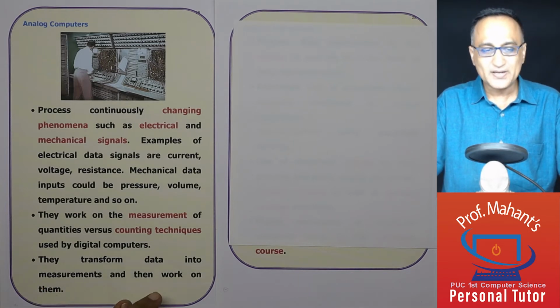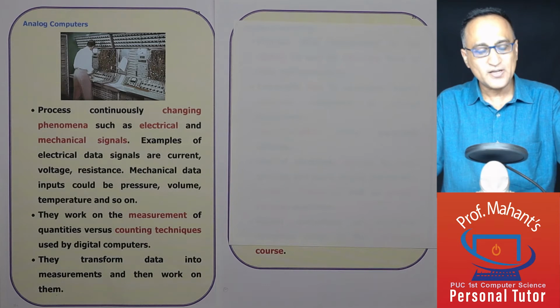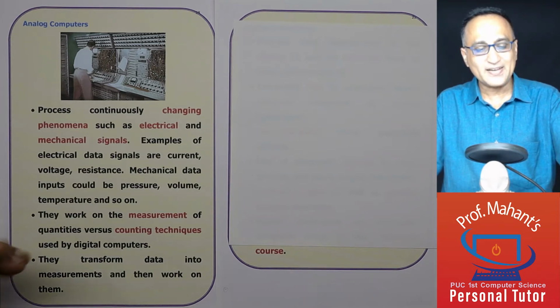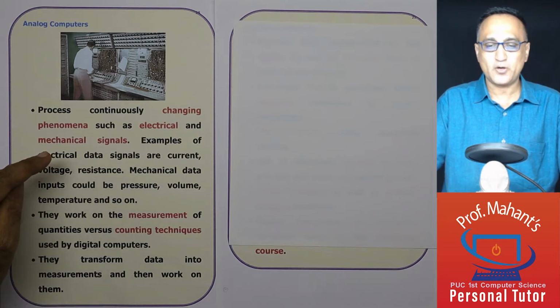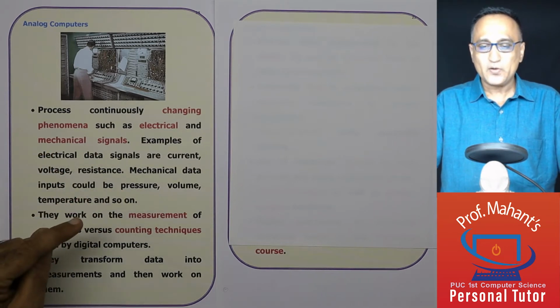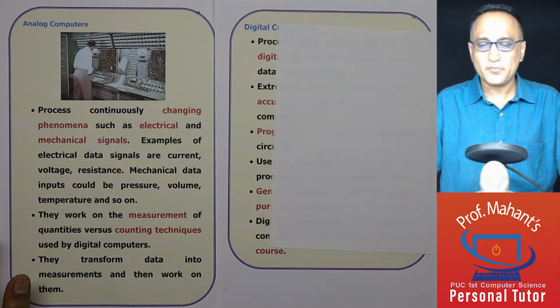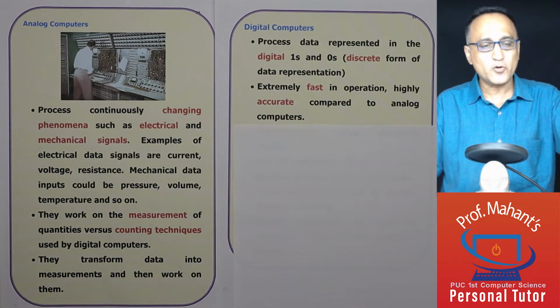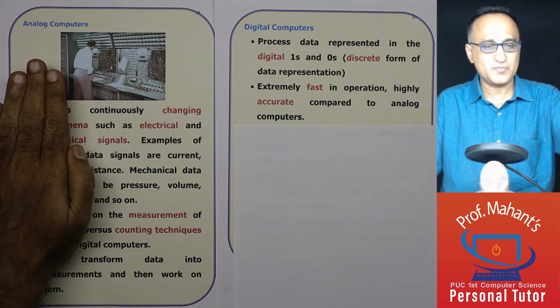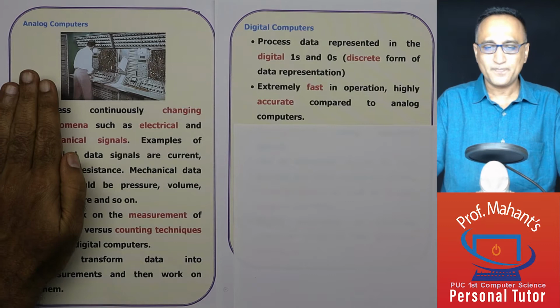So the important thing to understand is analog computers work on physical phenomena or electrical and mechanical signals like voltage, pressure, volume, and so on. Now let's take a look at digital computers. In this course, or in fact most of your life, you're almost never going to work with analog computers. These are mostly used in hospital settings or in process industries and so on.